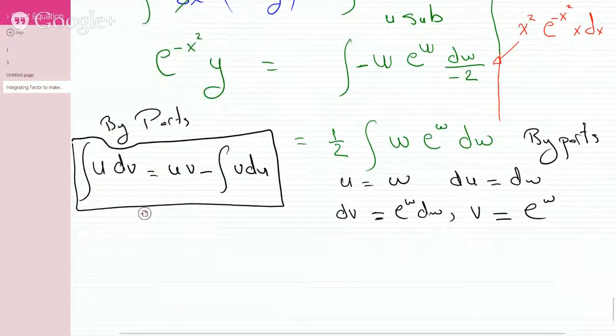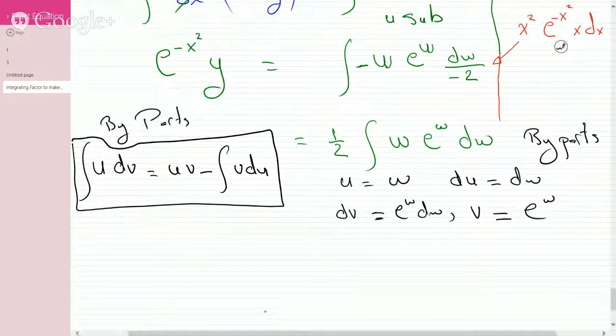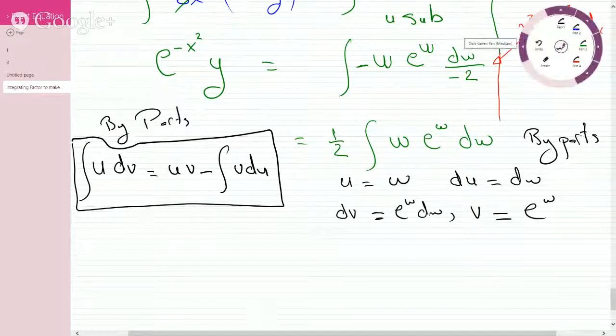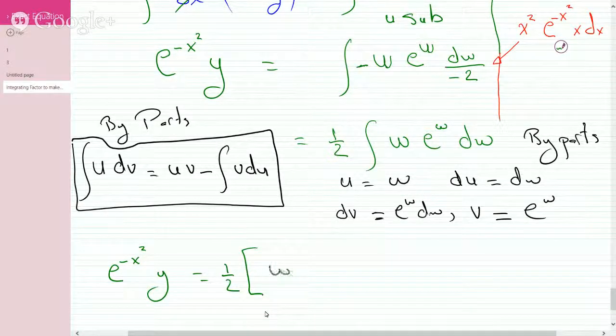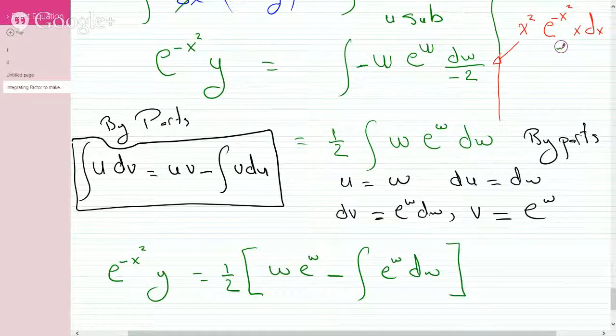Continuing from the integral, we will get e to the minus x squared y is equal to 1/2 uv, which will be w e to the w, minus the integral of v du, e to the w dw. And we know what w is.